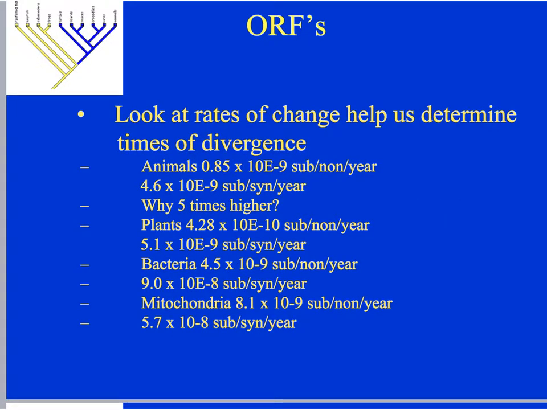So by looking at those rates of change, we can actually determine times of divergence. And this is something I'm having you do in the lab, and also something you're going to look at in your project. So the question here is once you've done that, you can figure out times of divergence, and then you can see, do those times of divergence for these genes make sense based off of what we already know from the fossil record of the organisms that you're looking at, okay?